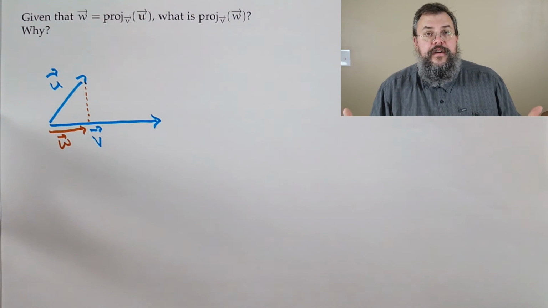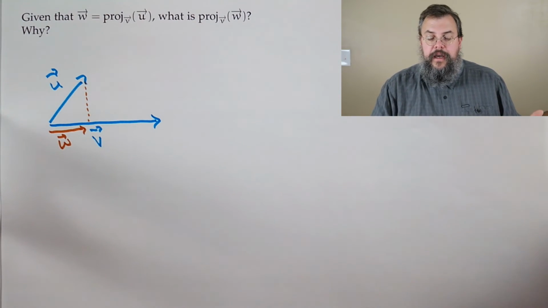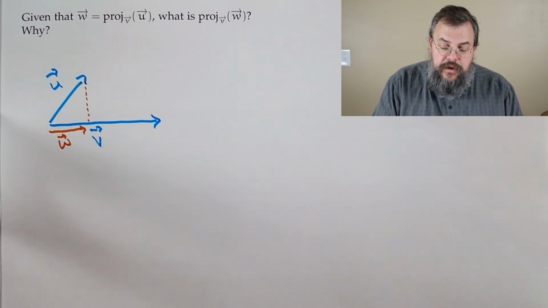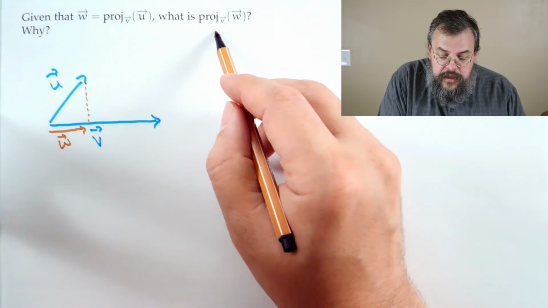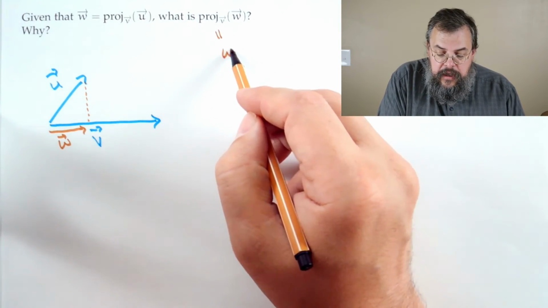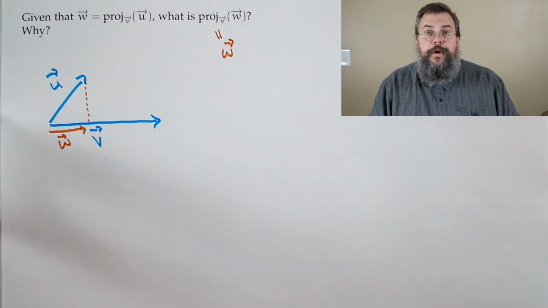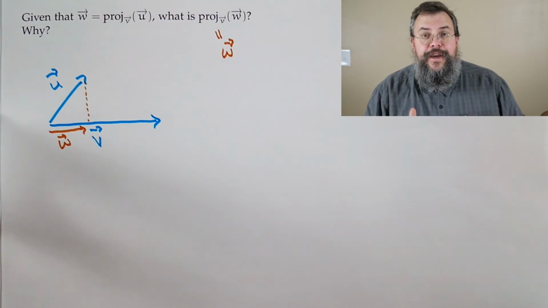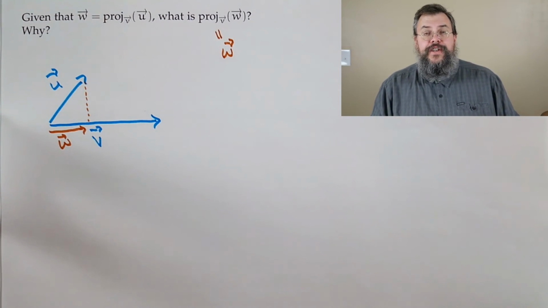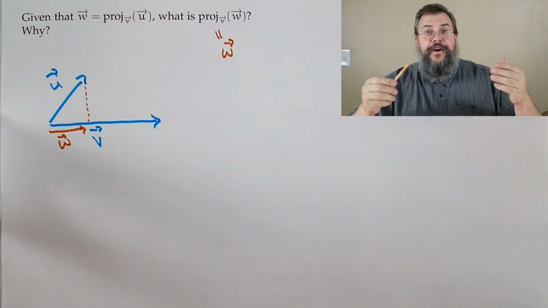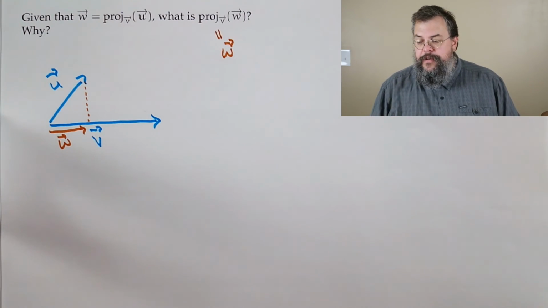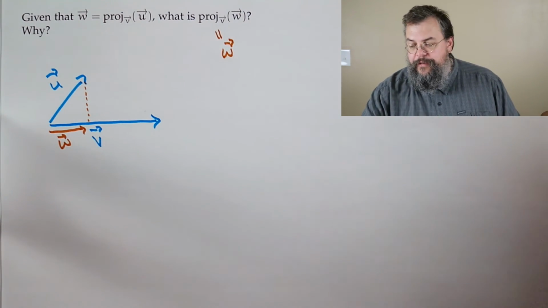So if everything's already pointing in the right direction, well, what does the projection do? The answer is it just says, hey, you're already great. We like you just the way you are. We don't have to change anything about you. You're already going in the right direction. You've made good choices in your life.